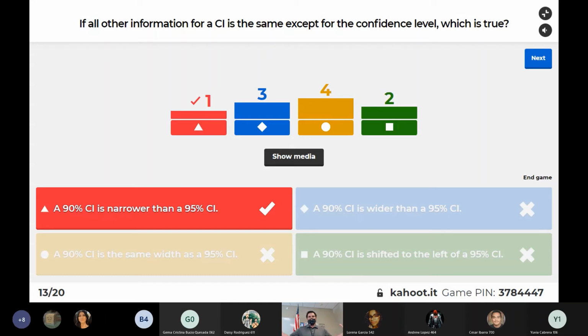That's very wide. As our confidence interval decreases, as the percentage decreases, the window gets smaller as we become less confident because we're going down to a smaller set of values that might contain what we're looking for.